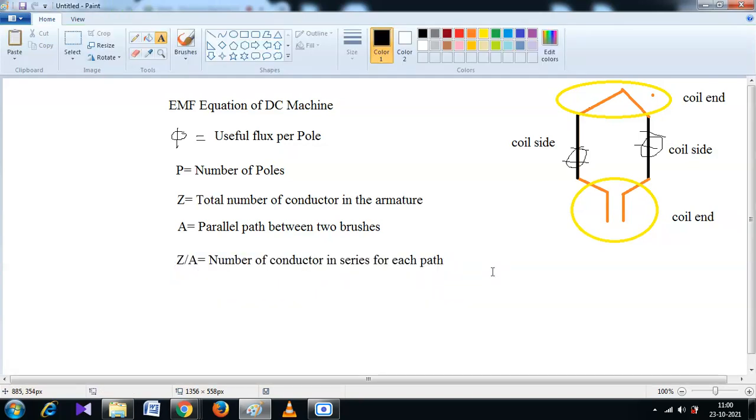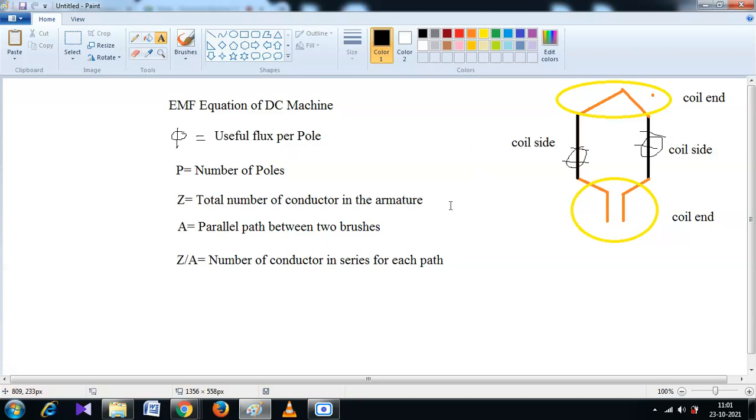I have four conductors and if the parallel path is 2, then how many conductors are in series in a path? 2, sir.